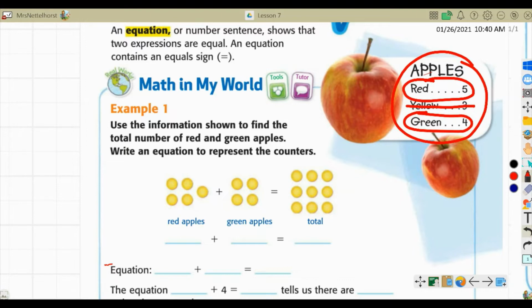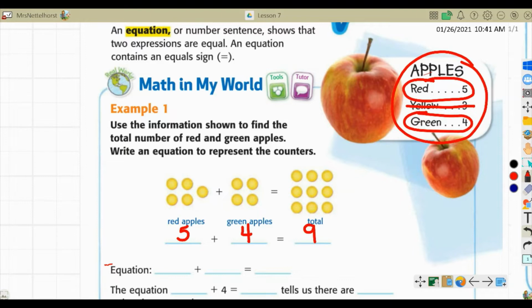Okay, so I have counters here that represent the red apples. I have 5 red apples, so I have 5 counters. On my chart, it says I have 4 green apples, so I have 4 counters representing my green apples. 5 plus 4 is a total of 9, and here are my counters all put together for a total of 9.